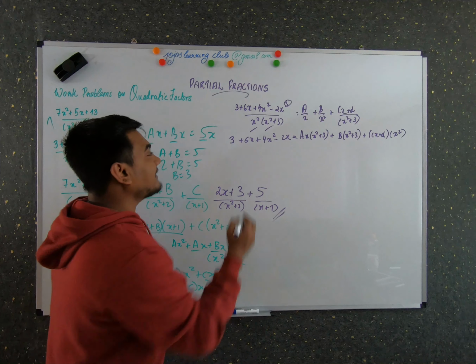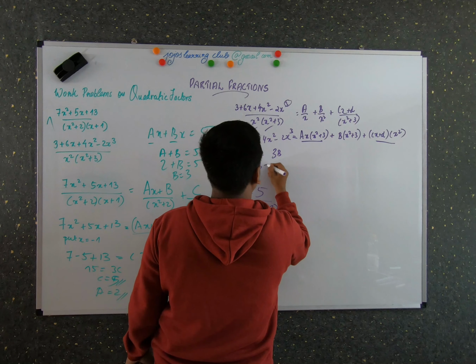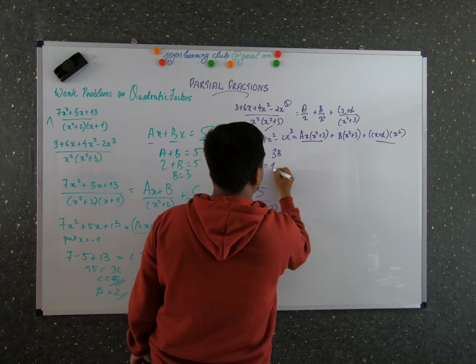So the only term left is 3b, which equals 3. So very nice, you got the value of b as 1. Easy, right? Now with the other factors, you can equate coefficients and find the other values.